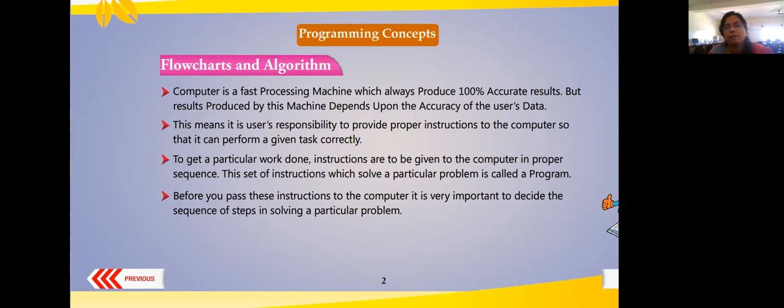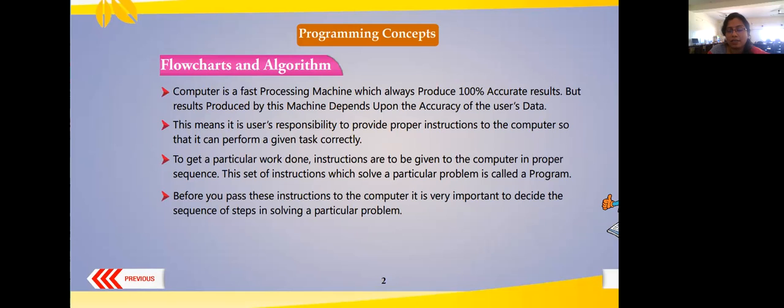Sometimes when we give instructions, we think the other human being will understand what we are trying to say. Half information is also okay for them, they think about it, but can a computer think? No, right? So we are supposed to give proper instructions so that it can give correct results.